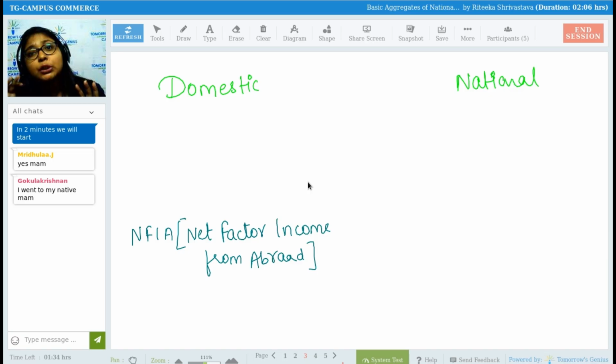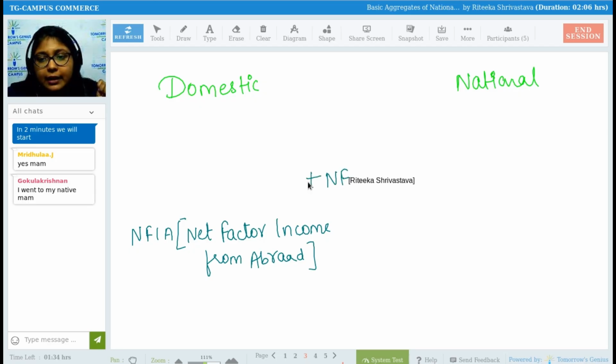But if you want to go from domestic to national income, what will you have to do? You will have to add NFIA. Okay, from domestic to national. But if you want to go from national to domestic, then in that case, you will simply remove NFIA.